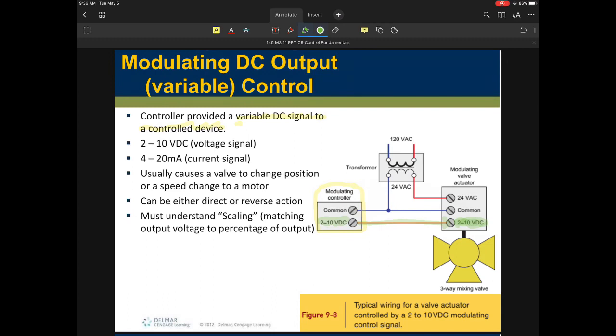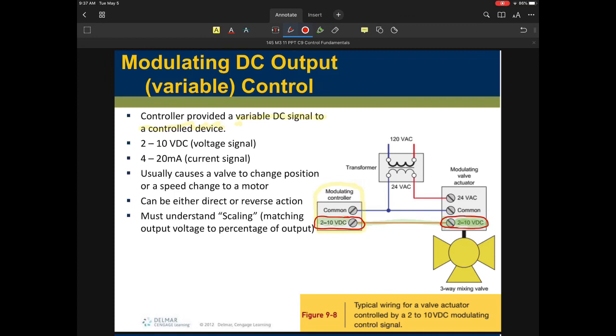So this control device has to match up to this signal. So the output signal and the input signal have to be able to match up. Now, what we typically have to do, if you've got a controller that gives you an output of, let's say, 2 to 10 volts DC, that's an 8-volt span, and you have an actuator that, just for simple math, I'll say operates between 6 to 10 volts as an example, or 5 to 10 volts.